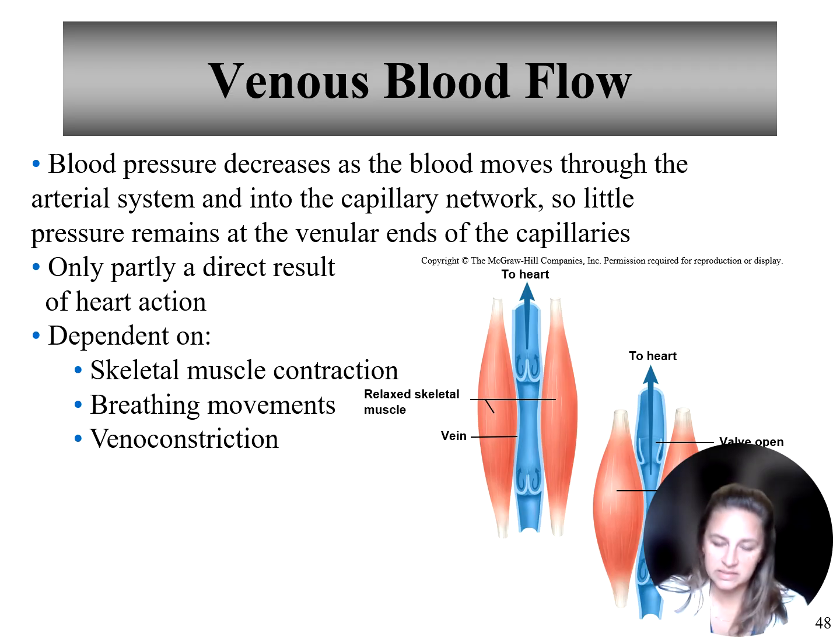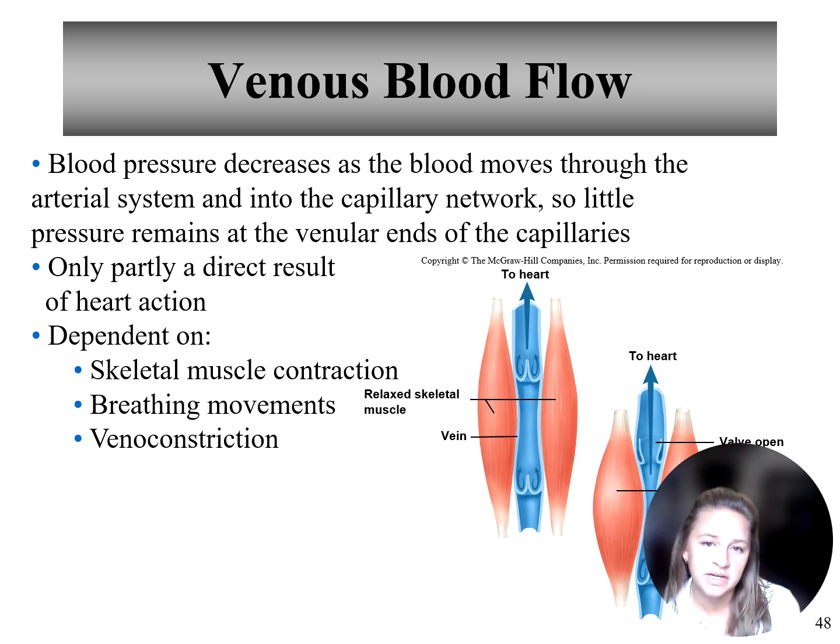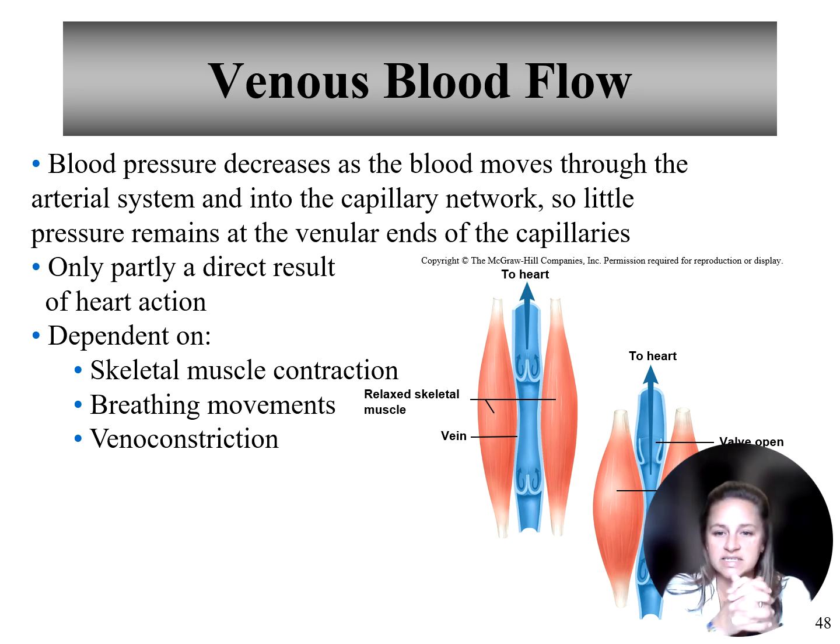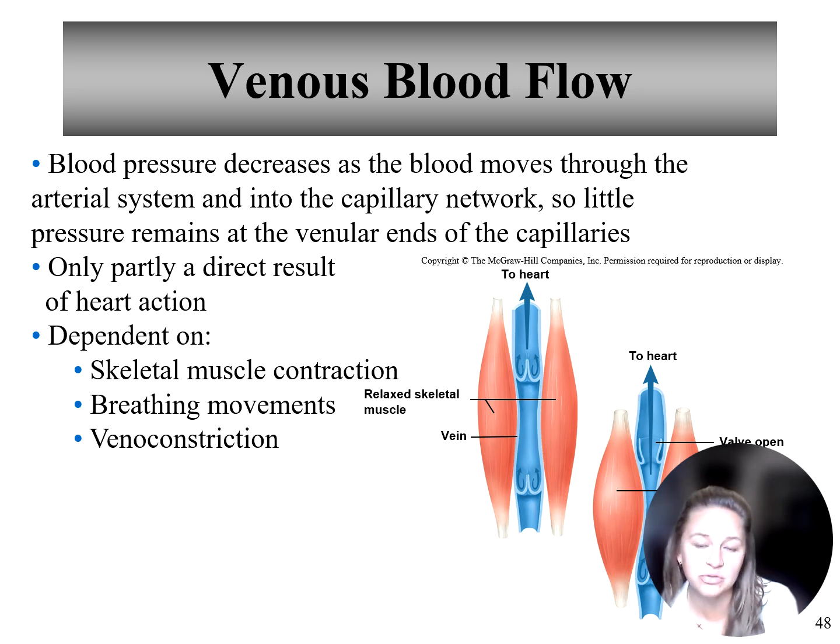Okay, let's talk about venous blood flow. So blood pressure decreases as the blood moves. And this is only partly due to the heart. So the heart is the pump, which is pumping our blood, but venous blood flow is also due to our skeletal muscle contraction. As our skeletal muscle is contracting, it's also squeezing around those veins and helping push the blood back to the heart.